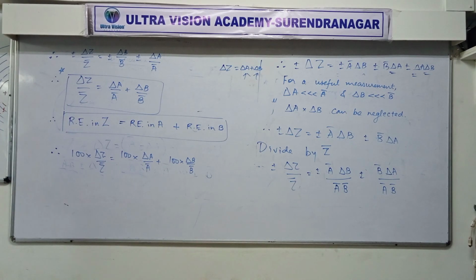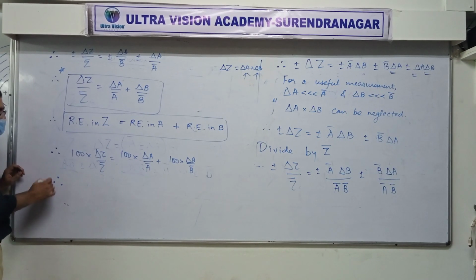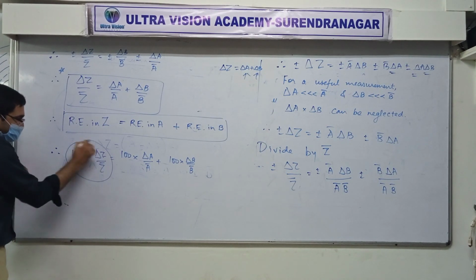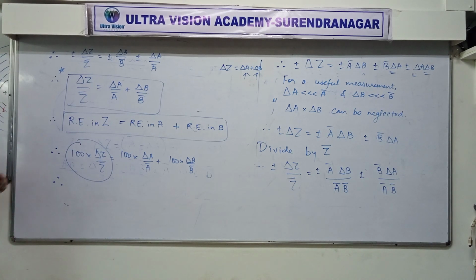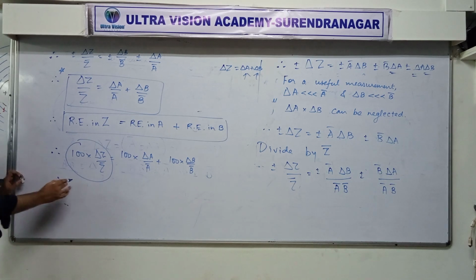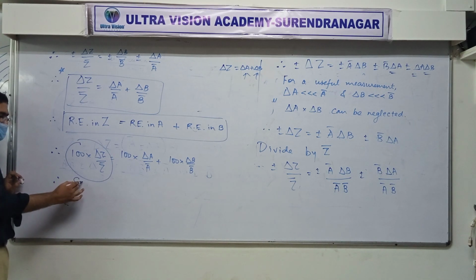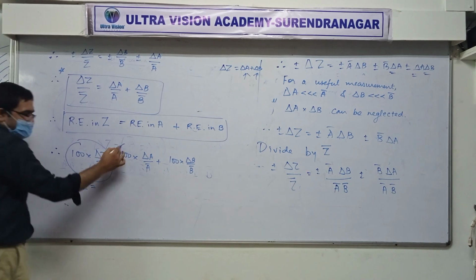Okay, I hope we can read the code properly. What is this called? Percentage error in Z. So del Z here is equal to, what's this called?